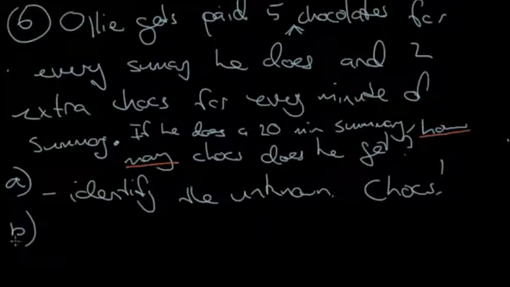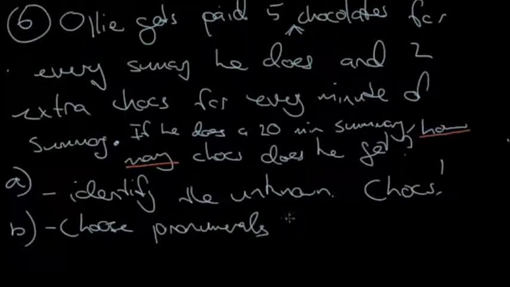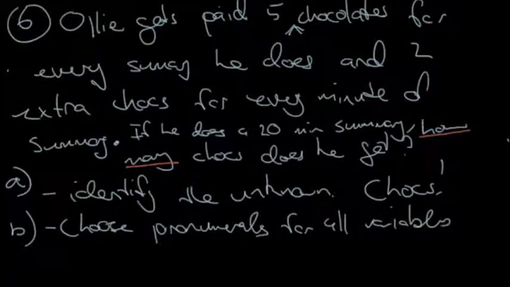Second thing we can do here is choose pronumerals for all the variables. So let's find our variables. Well, one thing we've got is chocolates, and the other variable we have, Ollie. Is he a variable? Well, not really, because there's one of him, and we're talking about it acting on him for every summary he does.